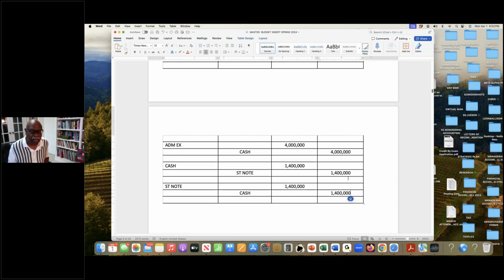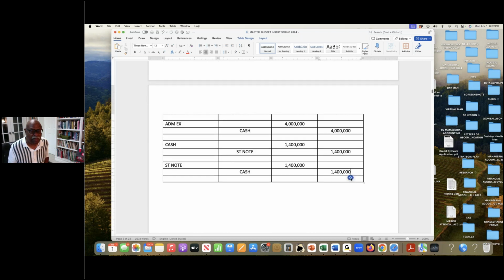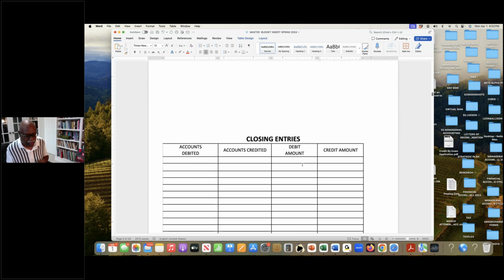Okay, now we need to make these closing entries. Because you're going to do one year, then the next year, then the next year, you're going to have to close your accounts out, because those permanent accounts carry over, but the others don't.